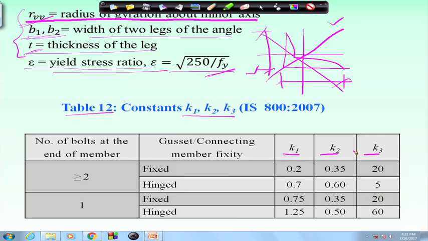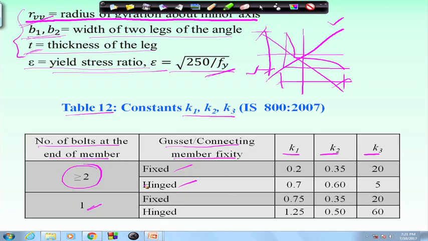Now, the values of k 1, k 2, k 3 depend on the number of bolts at the end of the member as well as the connecting member fixity, that means gusset or connecting member fixity, what type of fixity is there, whether it is fixed or hinged, and whether the number of bolts is more than or equal to 2, or 1. Depending on that I can find out K 1, K 2, K 3.